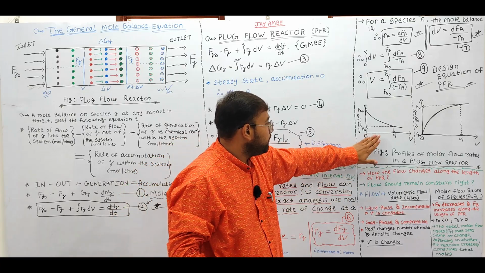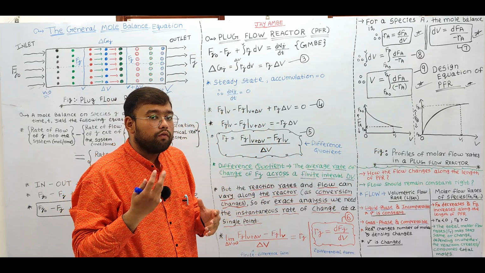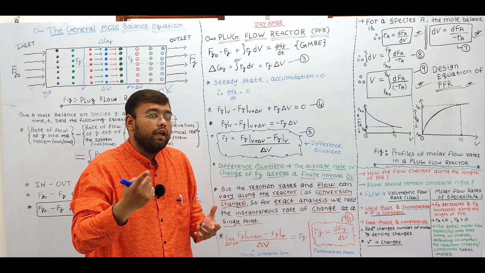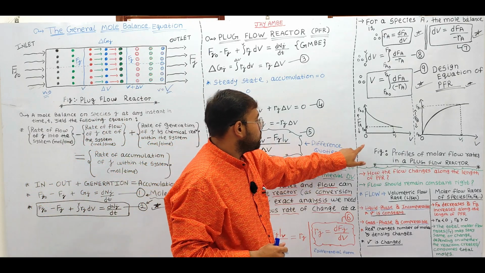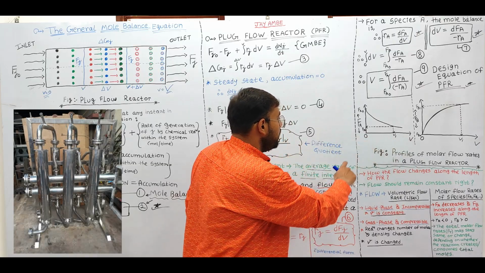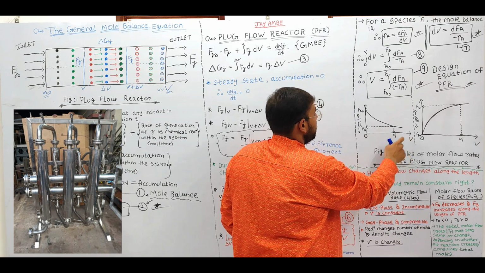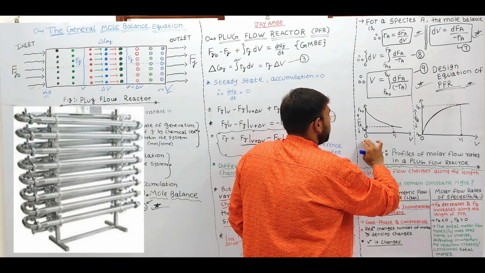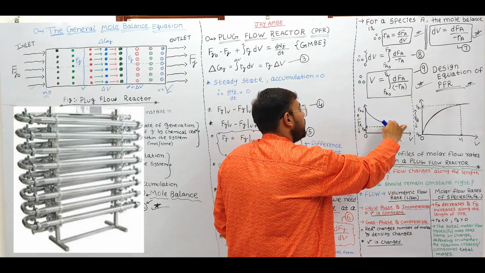The figure represents the profile of molar flow rates in a plug flow reactor, the molar flow rate of reactant FA and the molar flow rate of product FB. Here we have the entire reactor volume from V equal to 0 to V equal to V. Along the length and volume of the reactor, the molar flow rate of reactant will decrease.